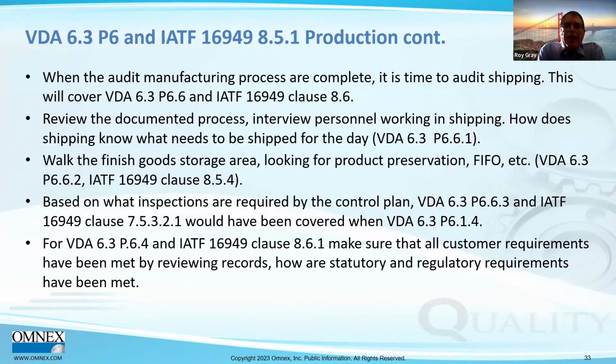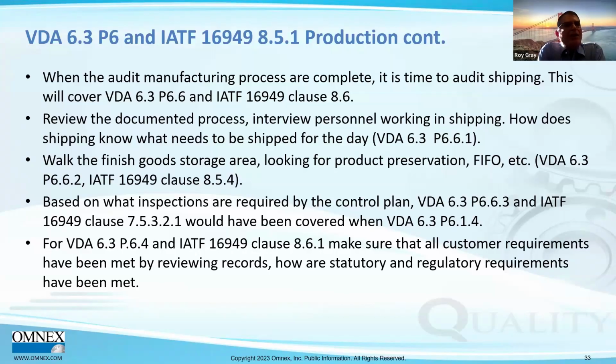Based on the inspections that are required by the control plan, how does shipping personnel know that all operations have been completed? We need to make sure all requirements of the control plan are complete.